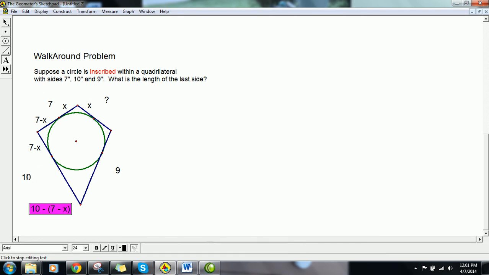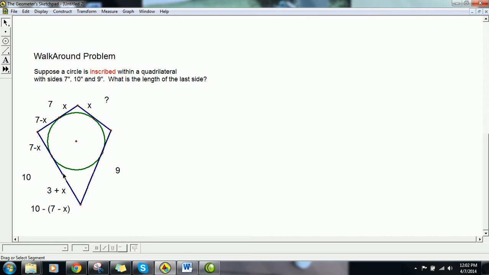So it's the whole length, 10, minus the part that I know. What's tricky is you have to put the part that you know in parentheses, so the negative sign distributes: 10 minus 7 plus x. So it ends up being 10 minus 7, which is 3, plus x. Okay, so that's a name for this piece right here. That is the same as that when you distribute the negative sign.